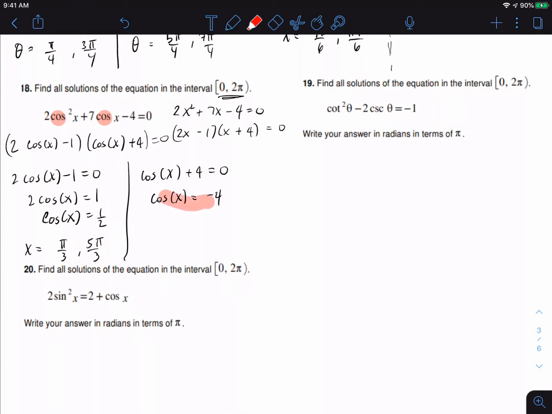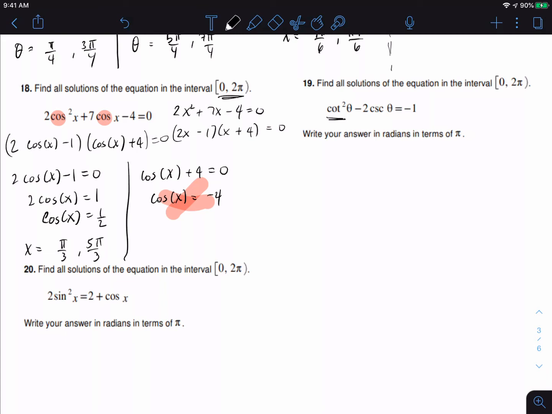You're right, that is not possible, so that's going to be eliminated. Okay, in our next example, we need to do some manipulation. So if you look here, this is cotangent, but the next one isn't cotangent, it's cosecant.